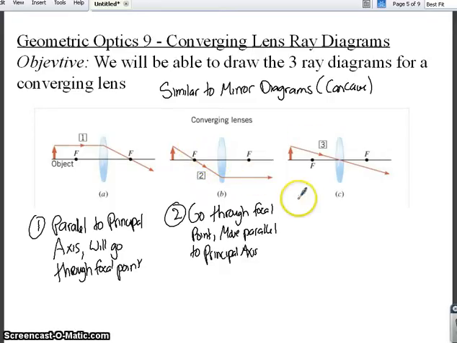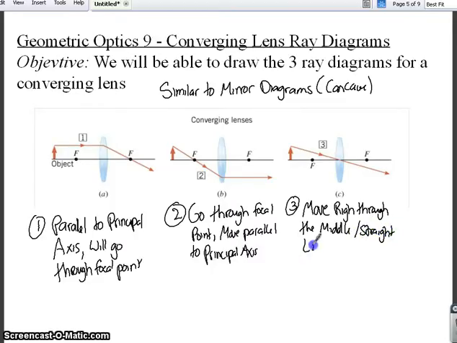And the third ray is going to move right through the middle. Move right through the middle. Straight line. And how does that work?